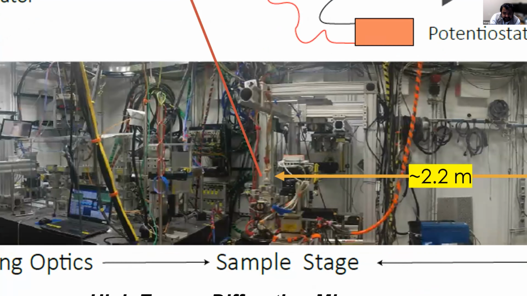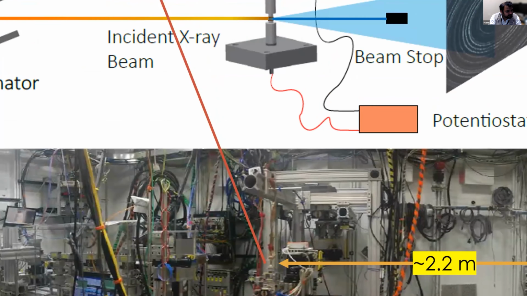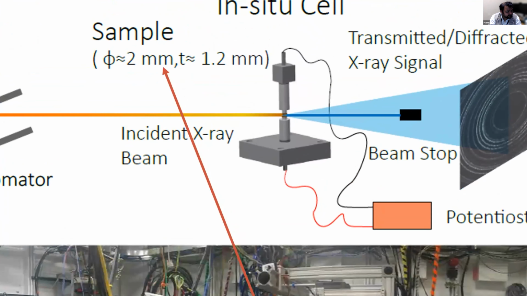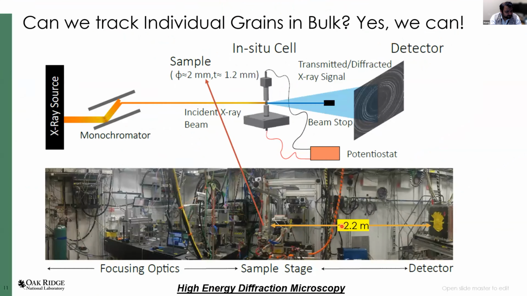A tiny cell that we make, which has a garnet electrolyte pellet around 1 millimeter in diameter. And we've connected it to a potentiostat that allows it to cycle in situ, and we can charge and discharge this battery. What we are imaging is around a 2 millimeter pellet with a 1.2 millimeter thickness, in your standard far field diffraction microscopy geometry.